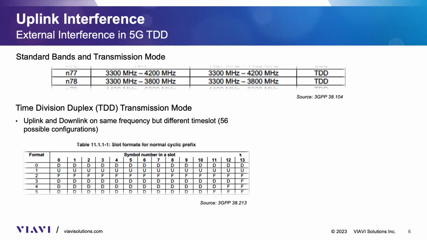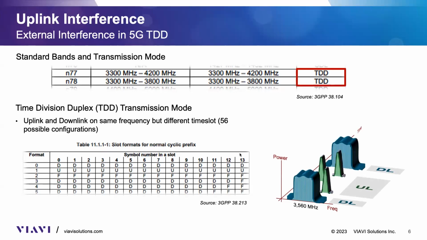Okay, so now let me talk about external interferences in TDD carriers. As I mentioned before, anything above 3 gigahertz is time division duplex. Once again, that means that the uplink and downlink are transmitted at the same frequency, but at different time slots. So it's TDD based. Here's a graphic of a specific frequency, which happens to be a CBRS frequency.